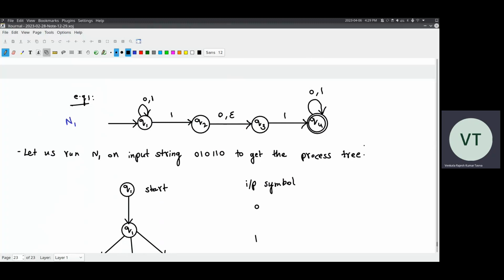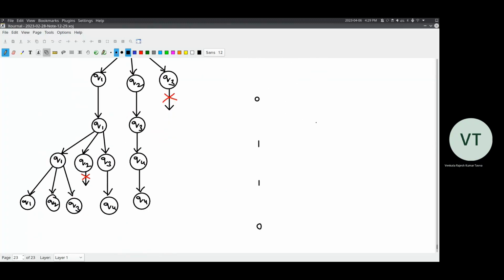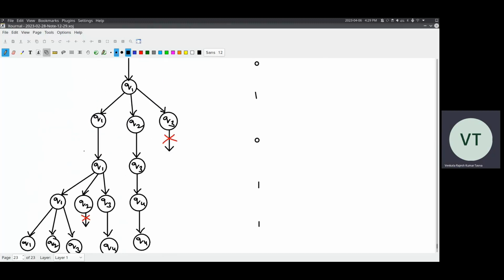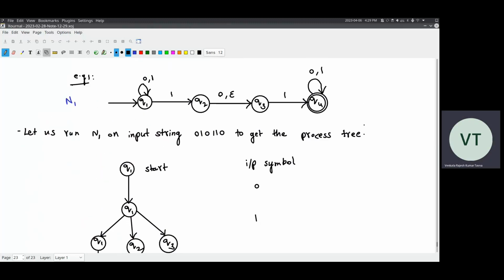We are at Q1, we got 1, so we go to Q2. Then if we get 1, we'll stay at Q2. How will we go to Q3? I didn't get it. Like here on Q1, I got a 1. I went to Q1 and Q2, because the arrow is there, no? Q1 on 1 takes two paths, Q1 or Q2.